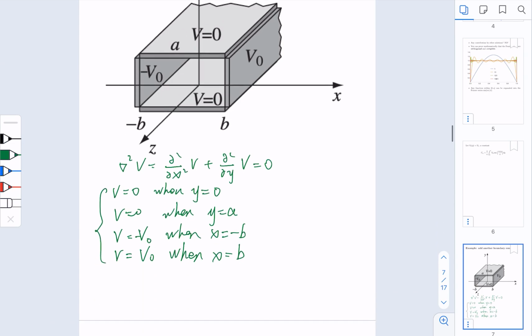We already know the solution, according to our previous separation of variables calculation, so we can immediately write it down.